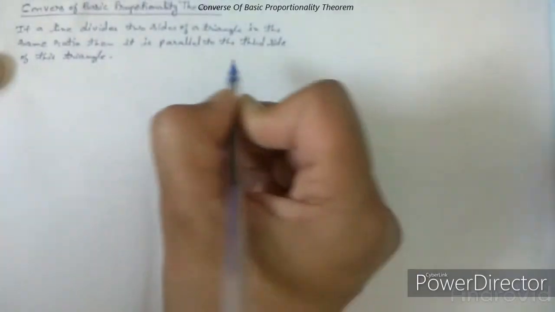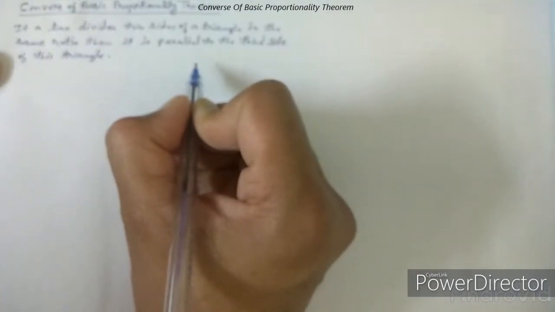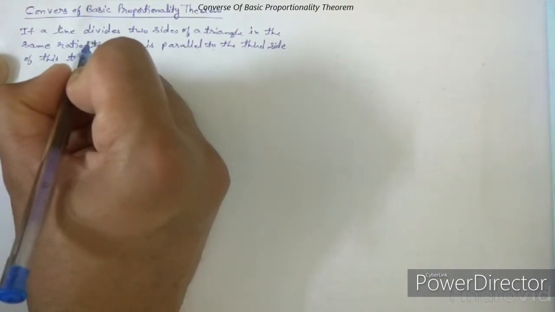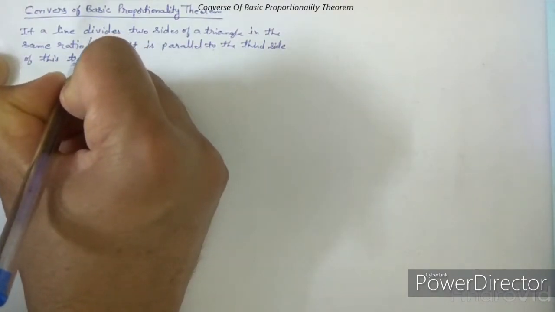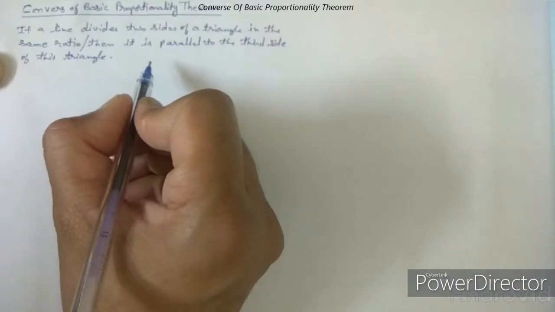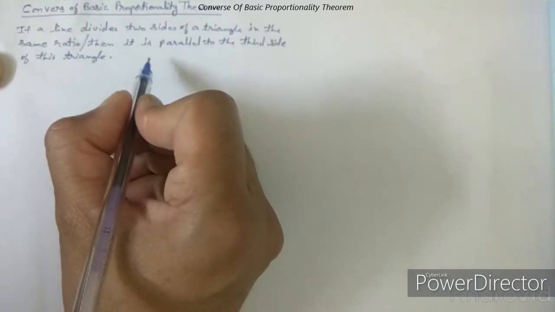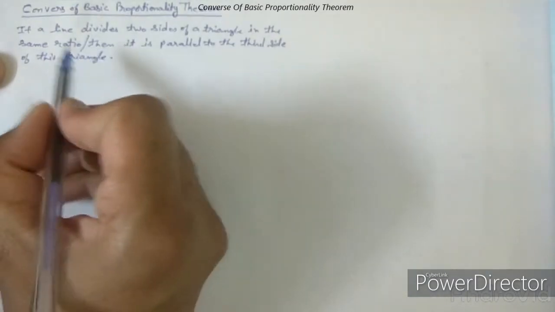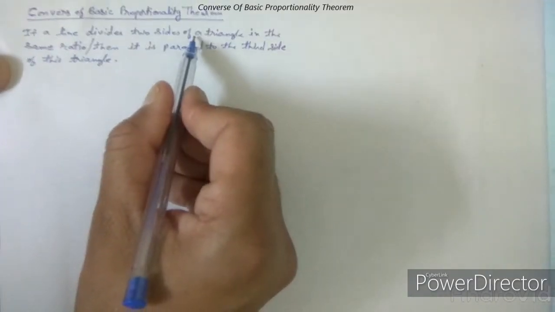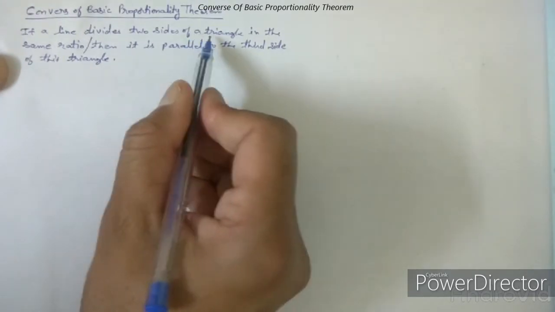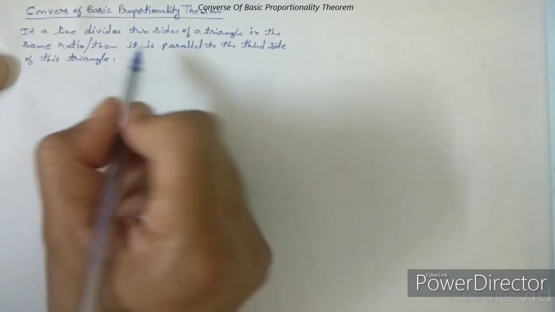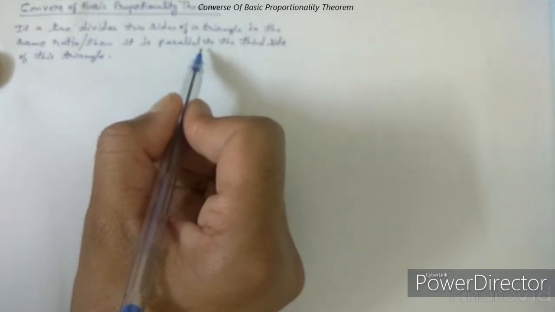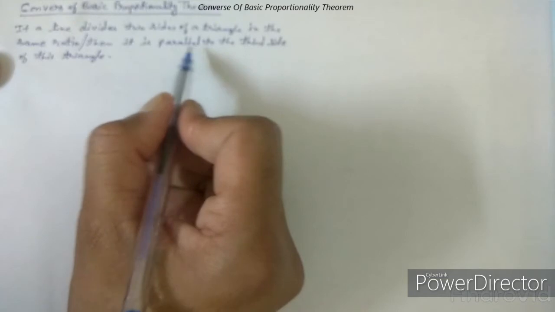Now we divide this statement after the word ratio to get two parts of it. First part of this statement will be treated as given part of this theorem, and second part will be treated as to prove part of this theorem.